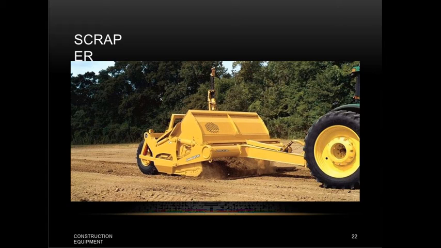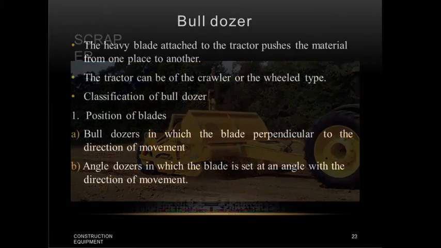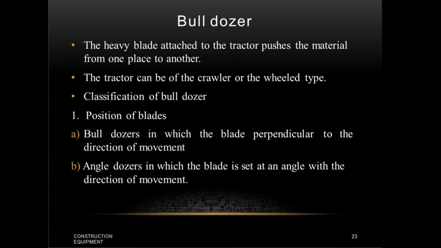The cutting edge is raised and the apron is lowered to prevent spillage during hauling. The dumping operation is done by lowering the cutting edge to the desired height above the fill, raising the apron and forcing the earth out between the blade and the apron by means of a movable ejector mounted at the rear of the bowl. So in this way, the scraper works.